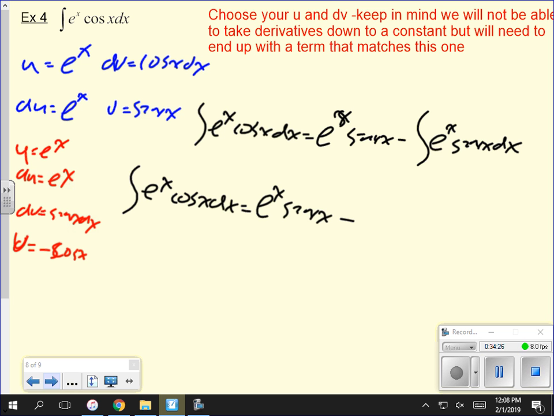So I get minus, do my u's and v's for the second one, uv: minus e to the x cosine x, minus the integral of v du, minus e to the x cosine x dx.